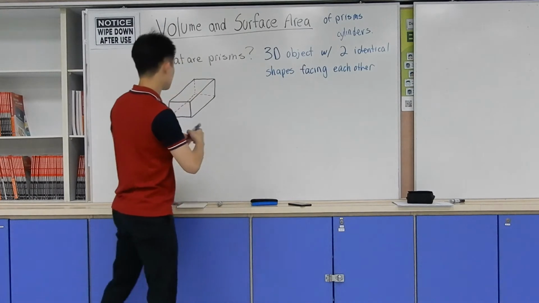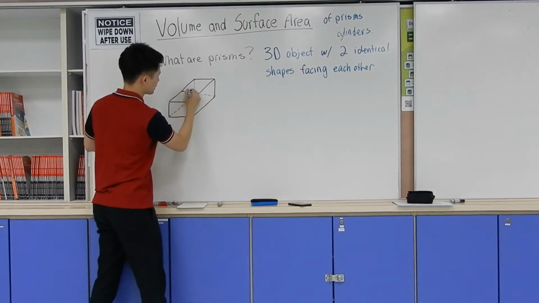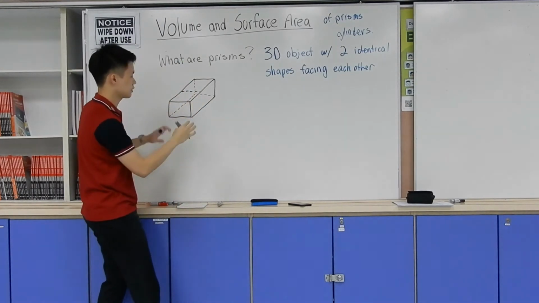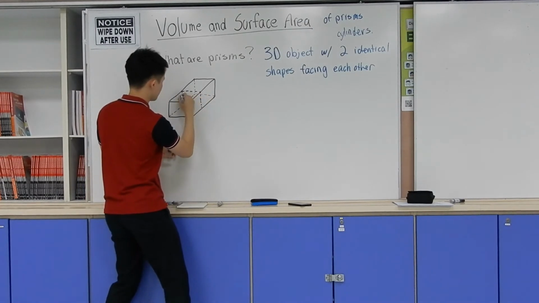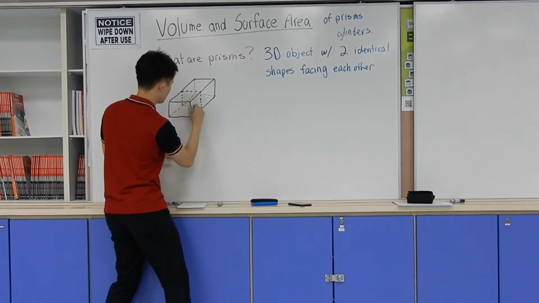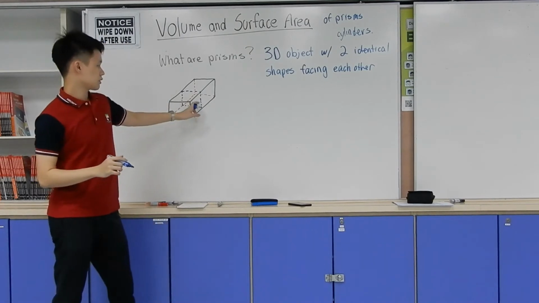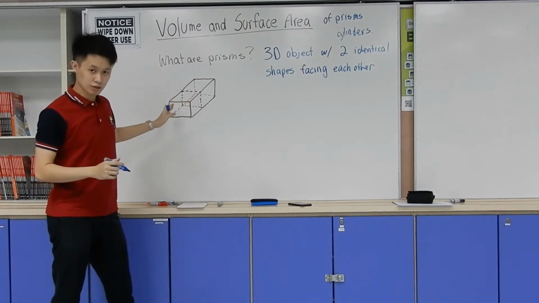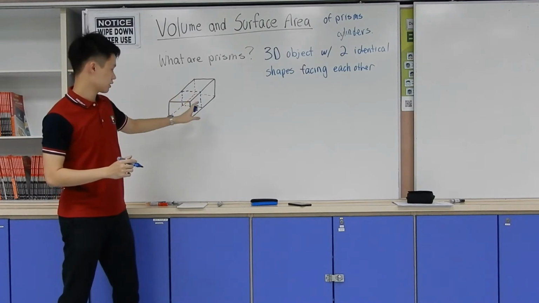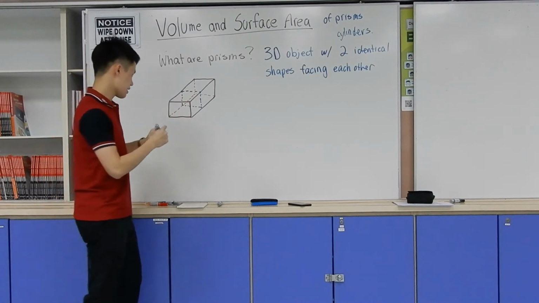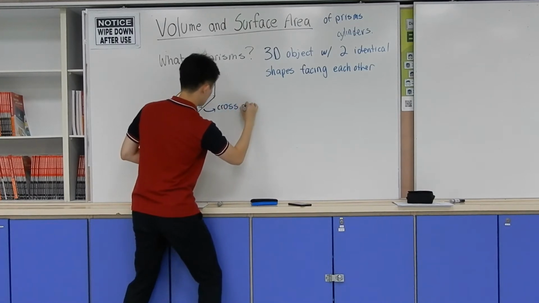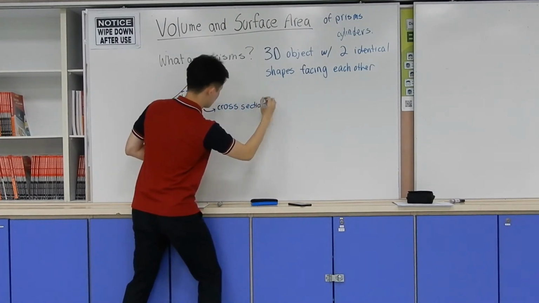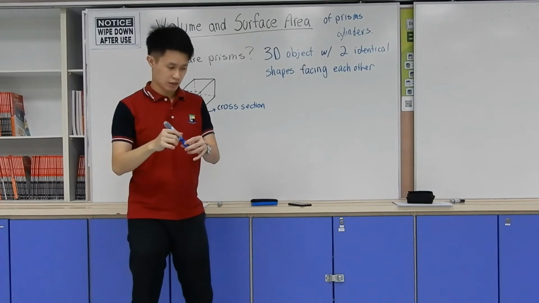If I cut this cuboid in half in this direction, this side will still be parallel to the bases, correct? This blue side, we're going to call the cross section. The cross section is a very special thing.